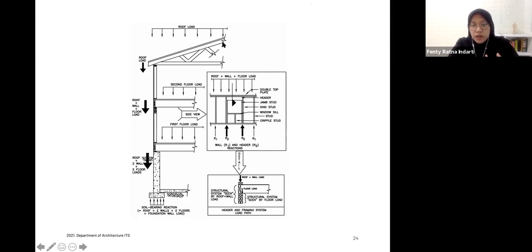That's why when we design a roof, we have to think about how lightweight it is, because the more lightweight your roof, the more efficient your structure will be. If the roof is heavy, then you add more load into your building. That's why we have to think about very lightweight material for our roof.